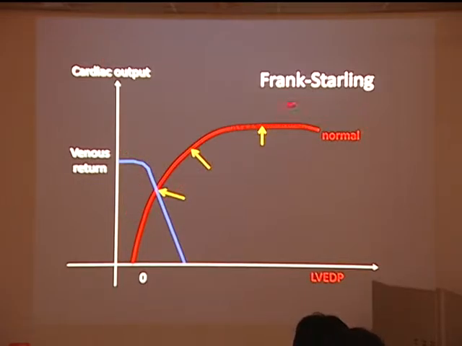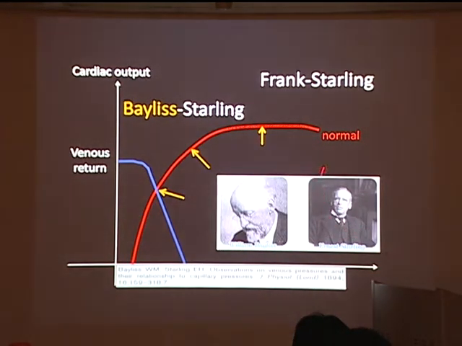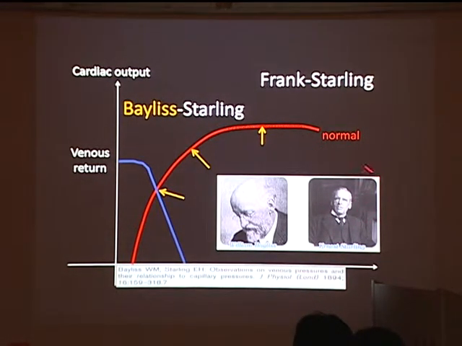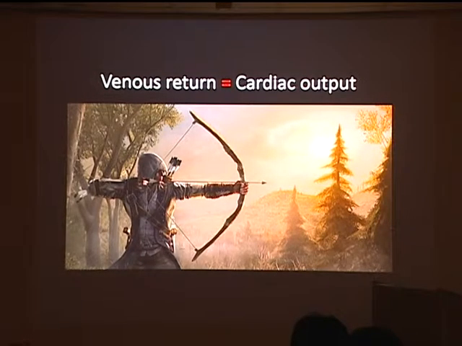Now, Frank and Starling, or rather Starling and Frank, developed this curve. And the same Starling, which is another Starling, developed the venous return curve with a guy called William Davis. Okay? And in fact, both of them agree so well with each other that they literally became brothers-in-law. Now, just to illustrate that venous return actually determines your cardiac output: if you have a very, very strong bow, will you be able to shoot very far?